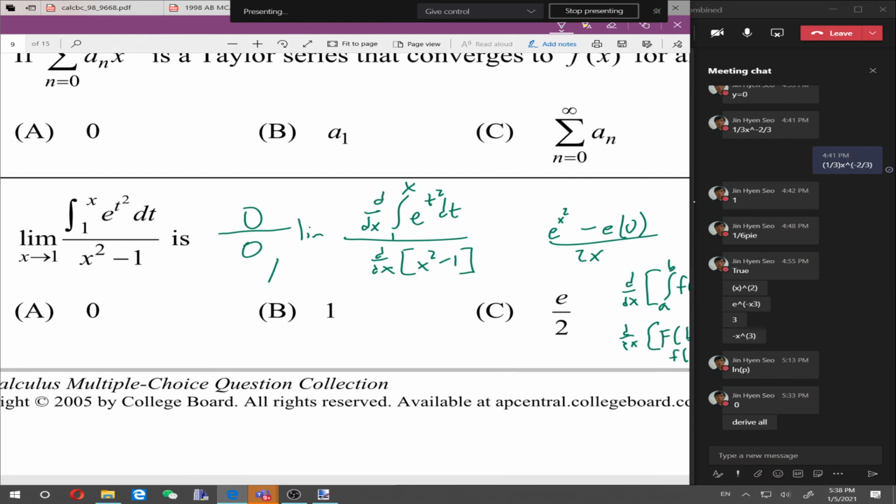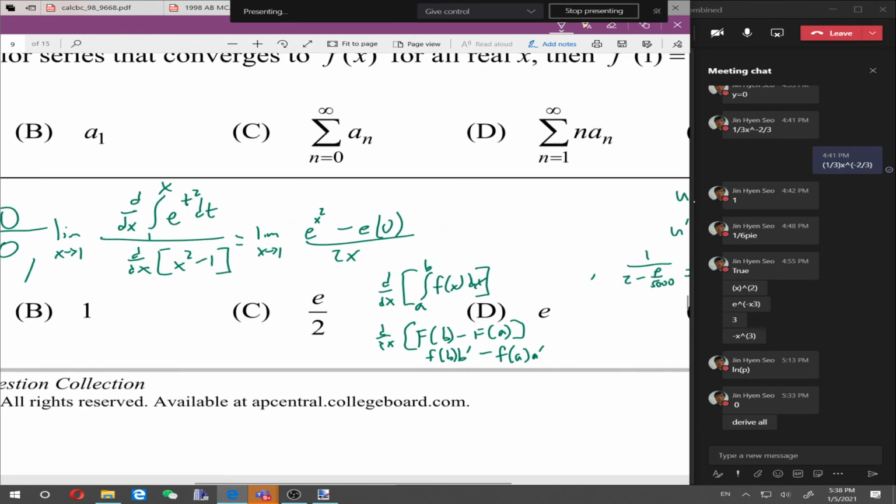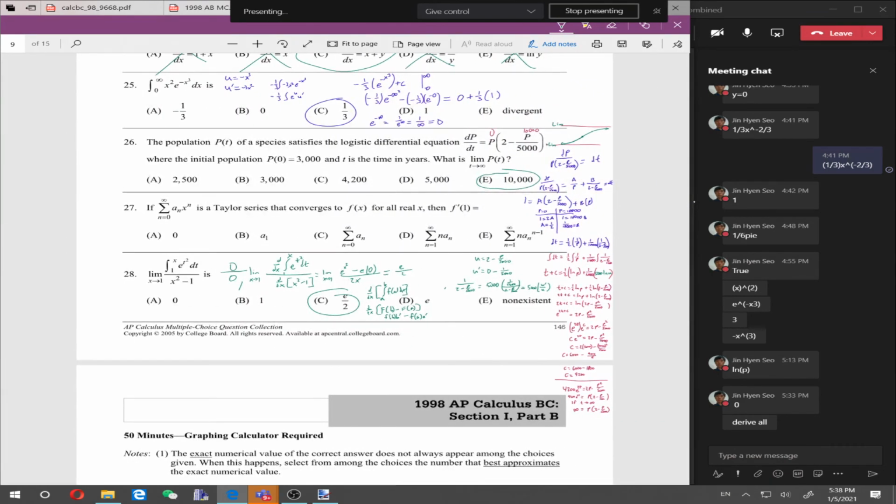The limit as x approaches 1 of this, so if I plug in 1 right now, what's going to happen? e over 2. Looks good. Okay, that's all of the ones I think that are on this sheet that are both AB and BC.